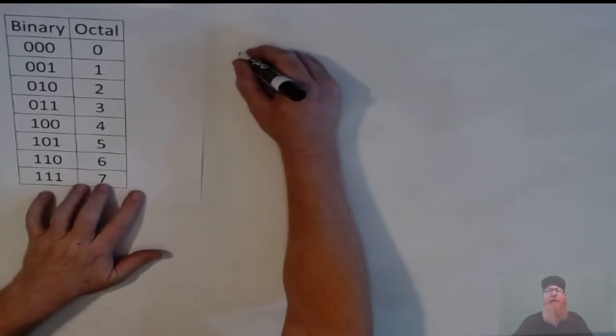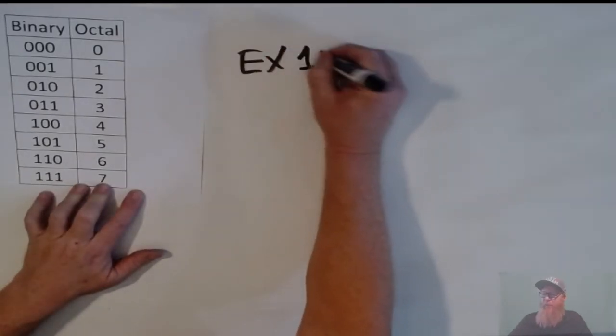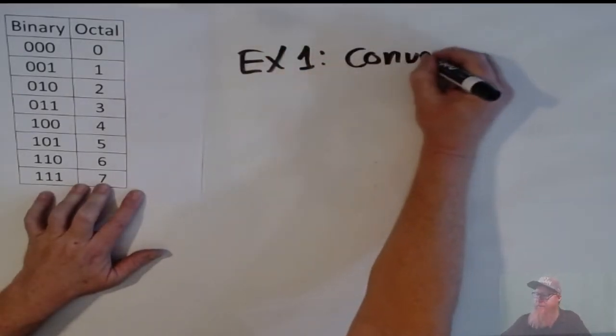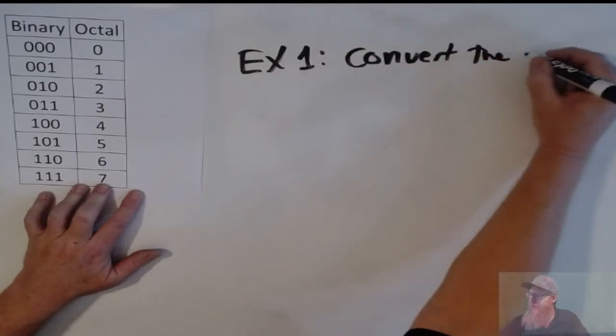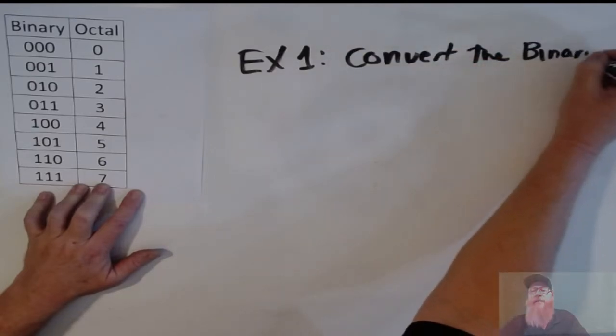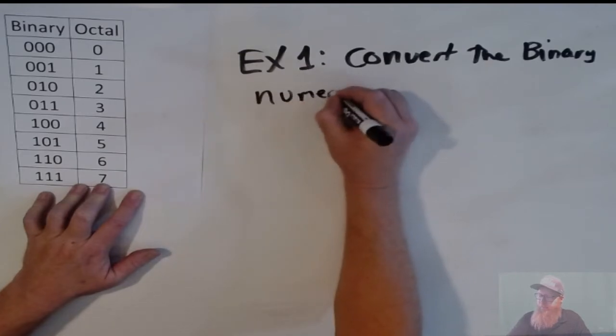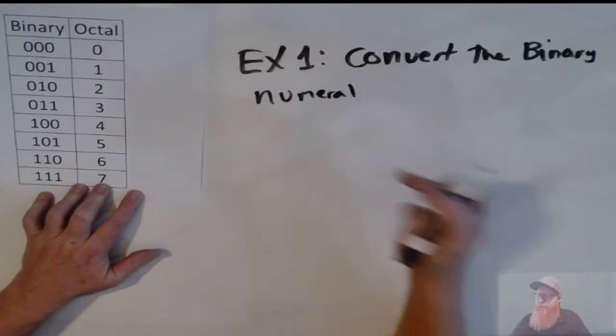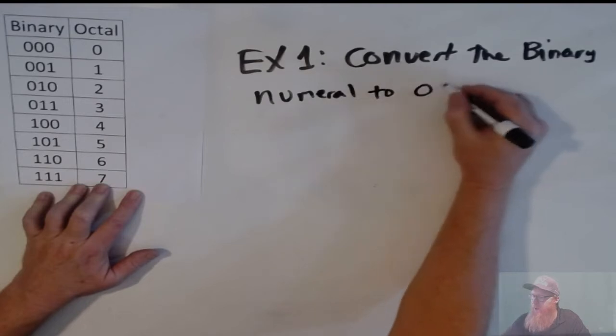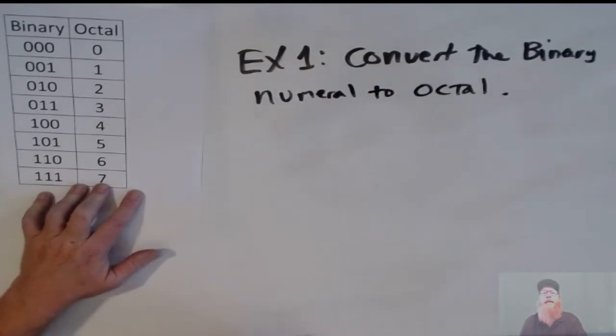Okay, so let's see an example. Example 1: convert the binary numeral, or you could say base 2 number, to octal, base 8.